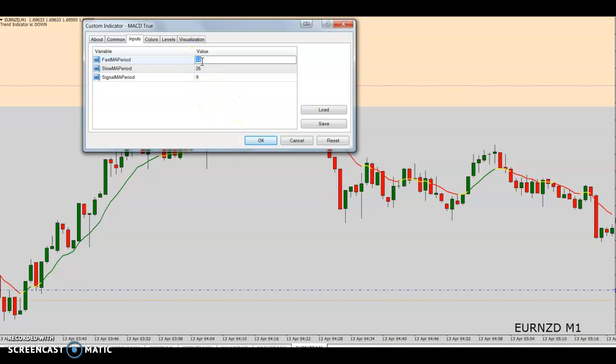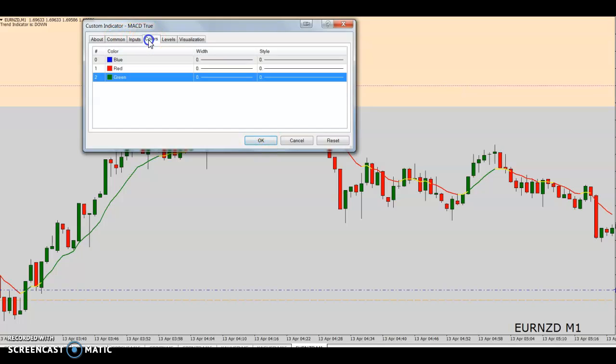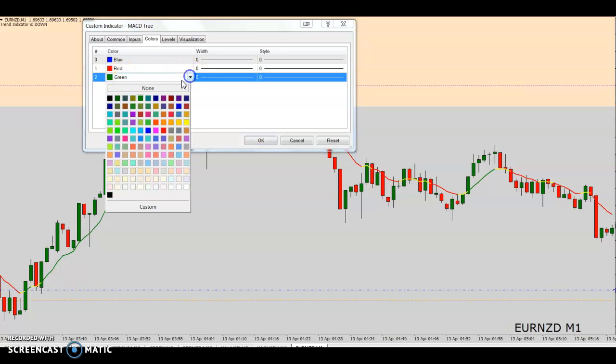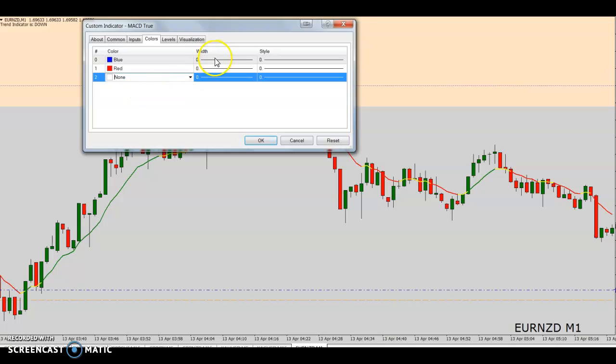So I'm going to change the 12 to 8 and the 26 to 17, and I'm going to keep 9. And colors, I'm not going to need the histogram, so I'm going to get rid of those colors. I am using the blue and the red. I want them solid, but I want them a little thicker so I can see them.